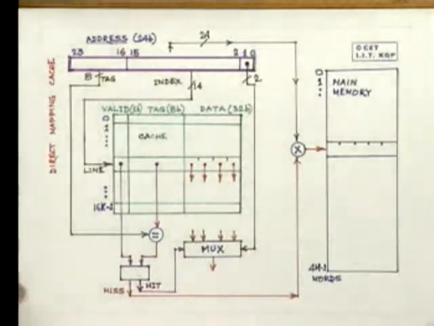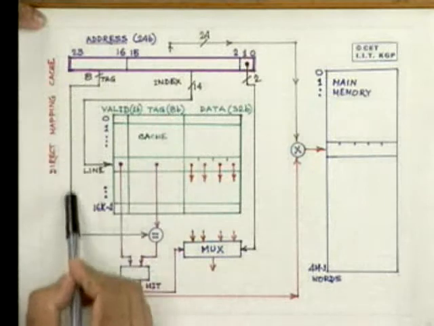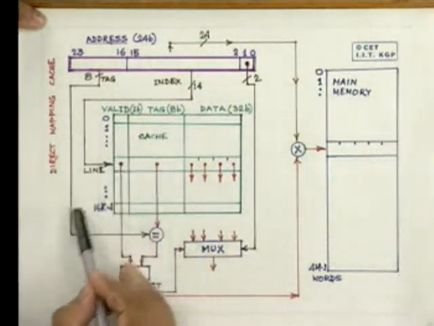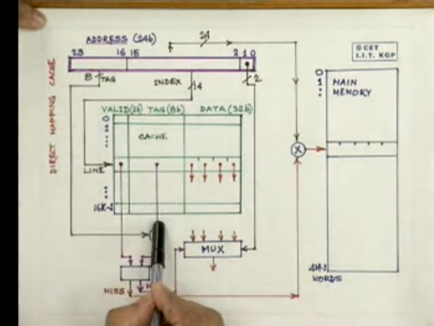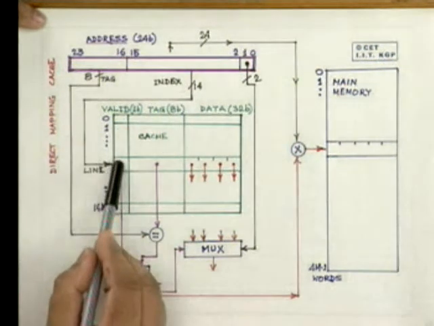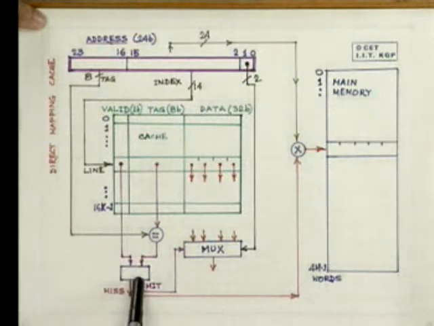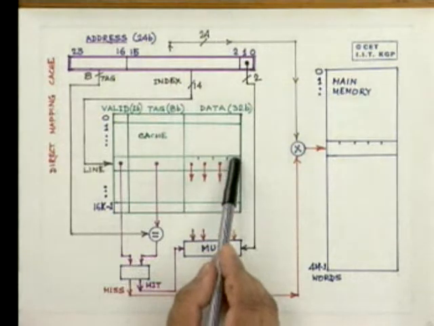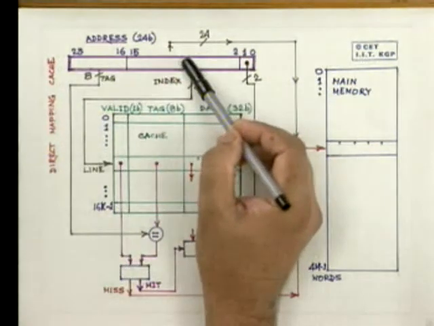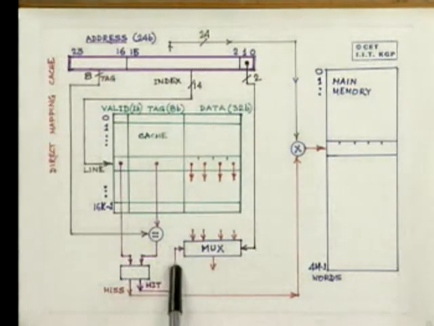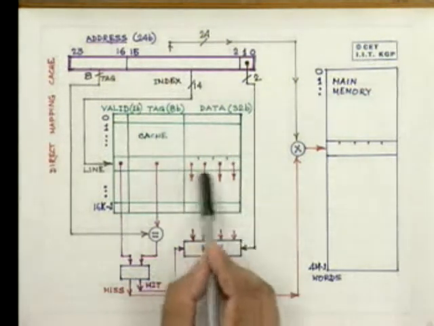To do that, this tag bit that is stored over here is taken from that cache and compared, and if this comparison turns out to be equal and the valid bit is 1, in that case it says that it is a hit. That means the required word that this address is trying to point to is in the cache.